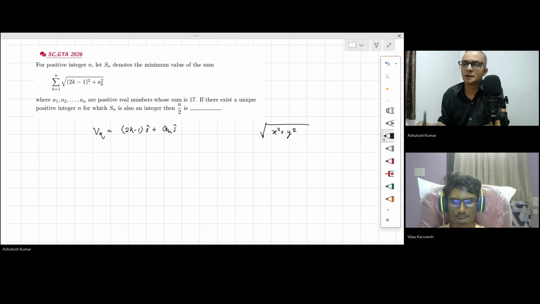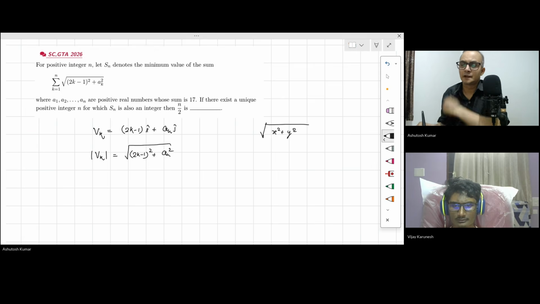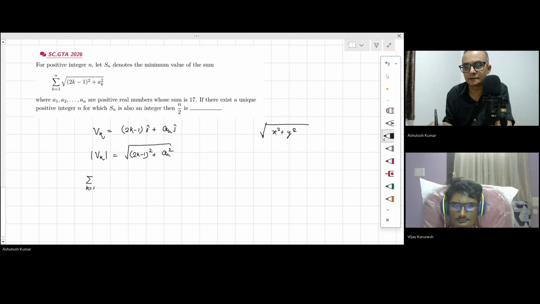Yes, sir. So what does magnitude of VK represent? 2k minus 1 whole square plus ak whole square. So don't you think we got this thing? Yes, sir. So what we are doing, if we just put the summation there, what we get? This same quantity you get.